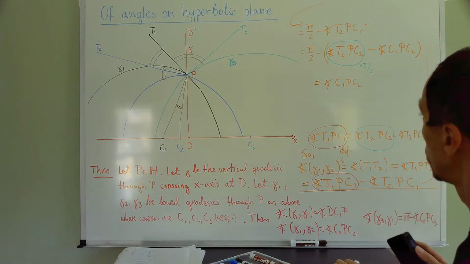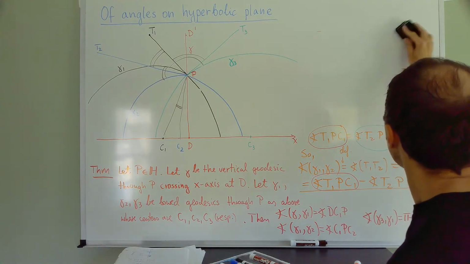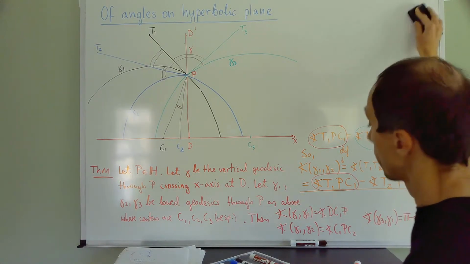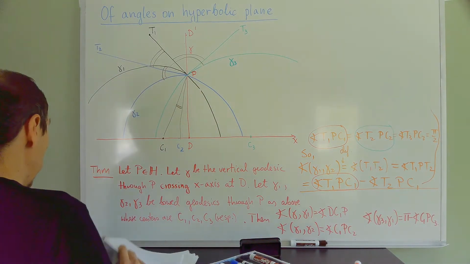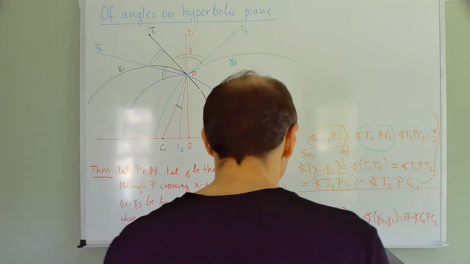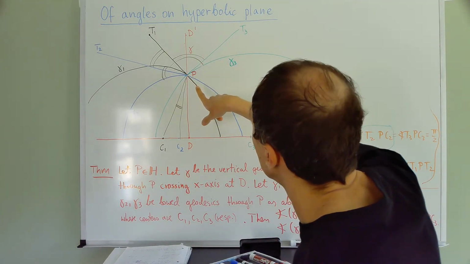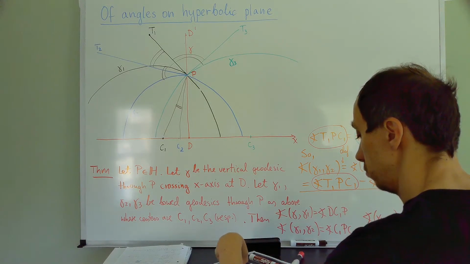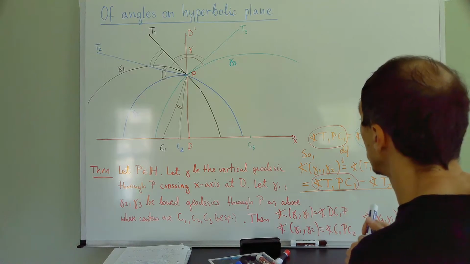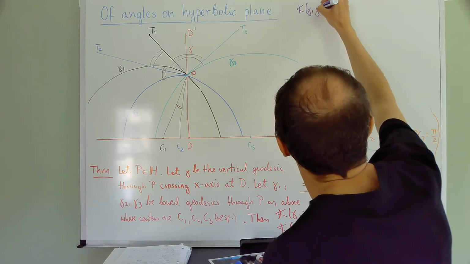Let's go on. I'm going to erase this part now. So now I'm interested in the angle between the vertical geodesic and gamma 1. So now I want to know the angle between gamma and gamma 1.